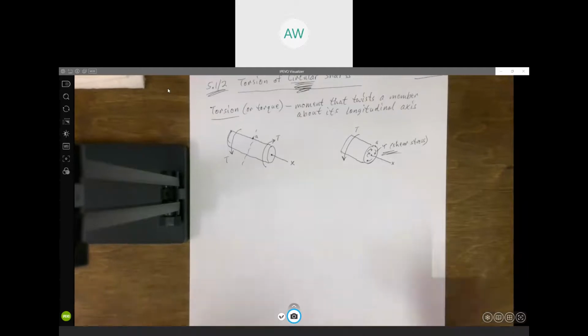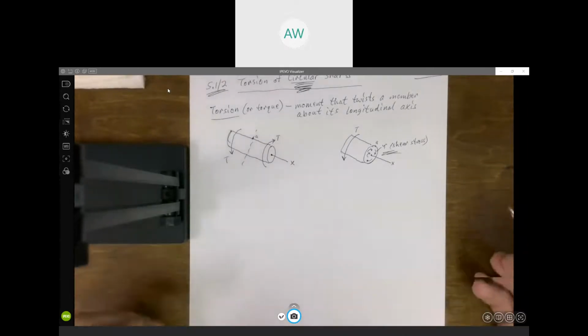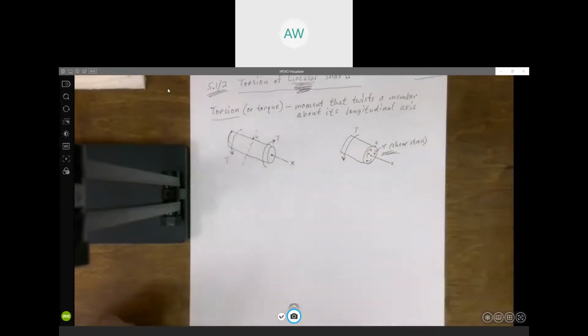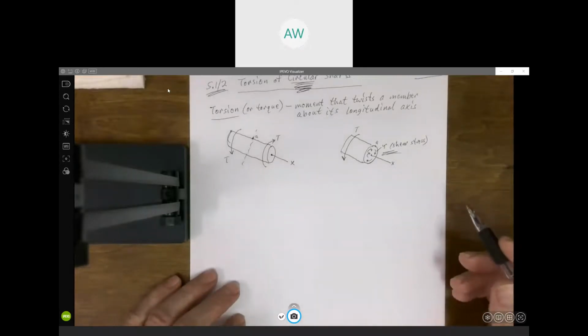So if the way that I come up with this doesn't make perfectly clear sense to you, read about this in the textbook and see how he describes it, and maybe it might make more sense to you than the approach that I'm going to take.